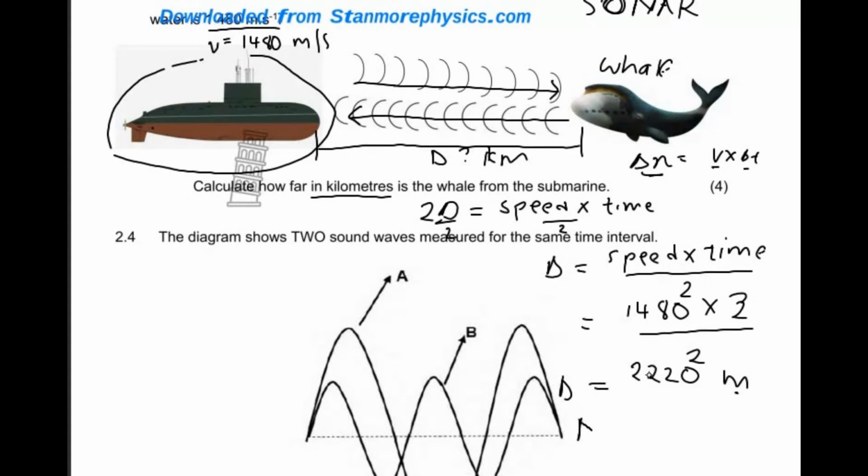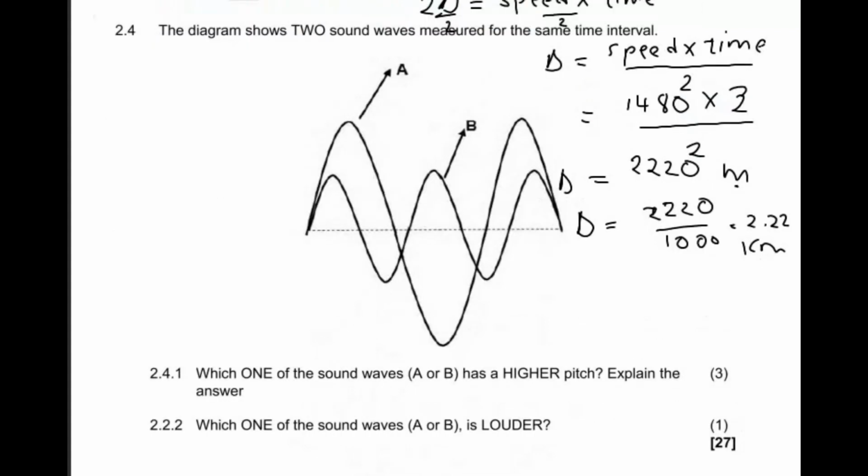It means to get the distance in kilometers, we'll just say 2220 divided by 1,000, which is going to be equal to 2.22 kilometers. Remember, we're always rounding off our answers to 2 decimal places. It's 2.22 kilometers. See, my calculator has disappeared. Let me bring it back.